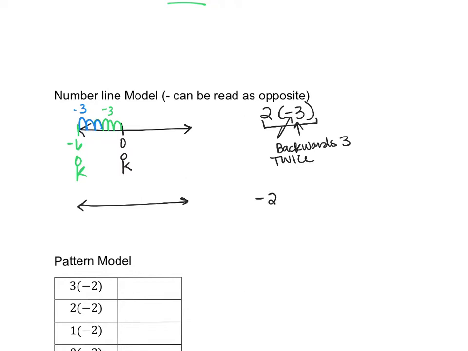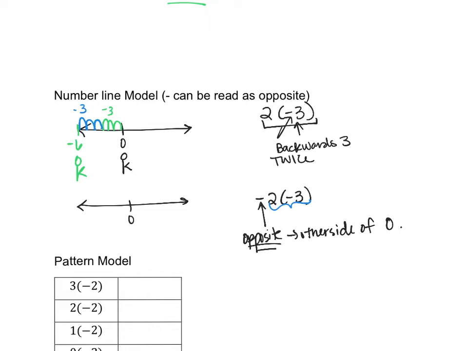-2 times -3, what could that mean? It needs a little bit of a different interpretation. One way that we see this negative in the front is that it could be the opposite. On a number line, remember, opposite meant the other side of 0. So if the first part is 2 sets of -3, we could show that again.